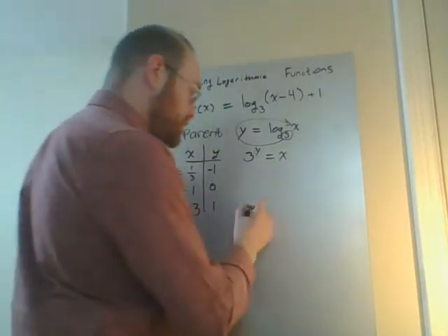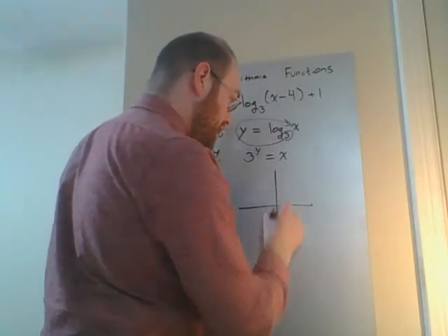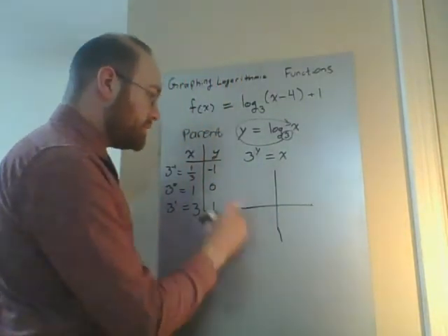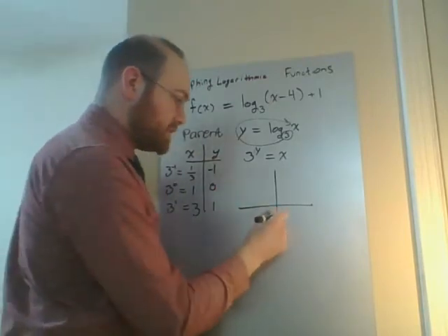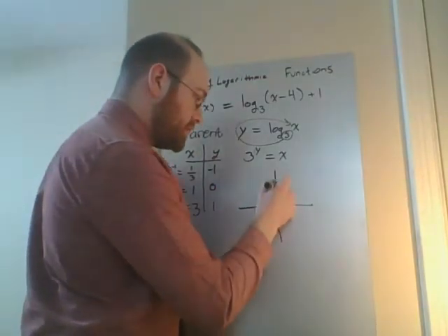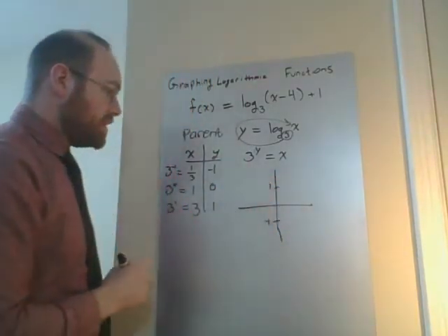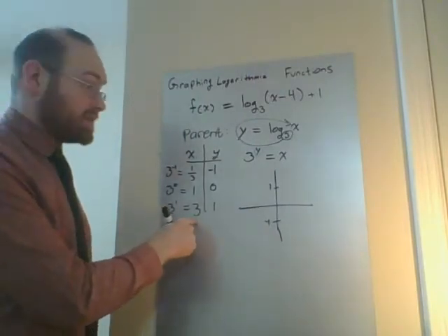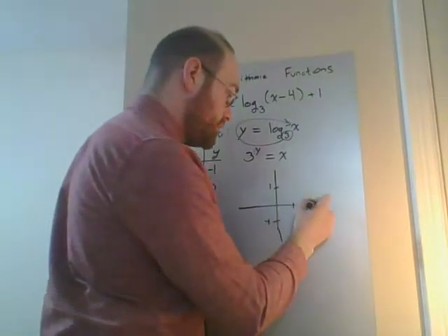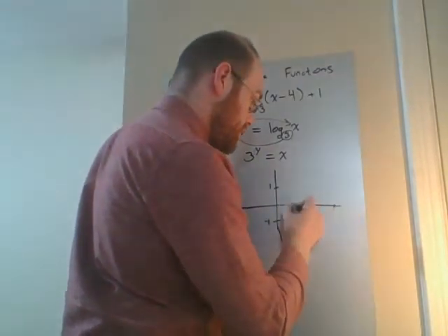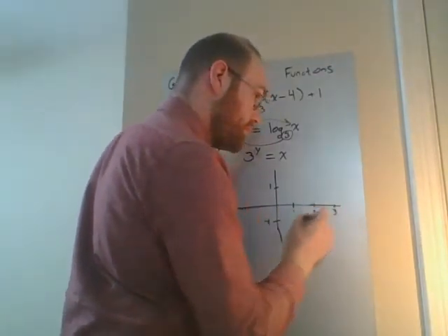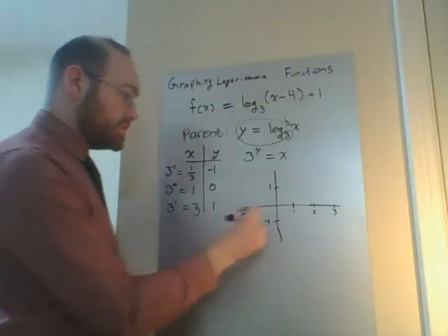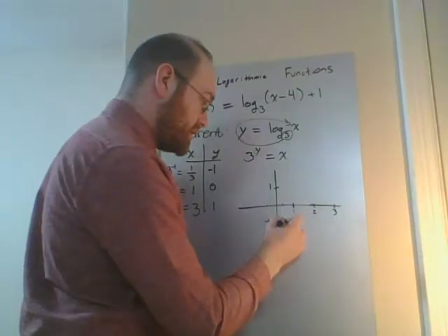So now what I can do on my graph, I'm going to label my y-axis, so negative 1, positive 1, and then I only need to go out to 3 on my x-axis. So 1, 2, 3. And so now I can plot my points. 1/3 comes down to negative 1.